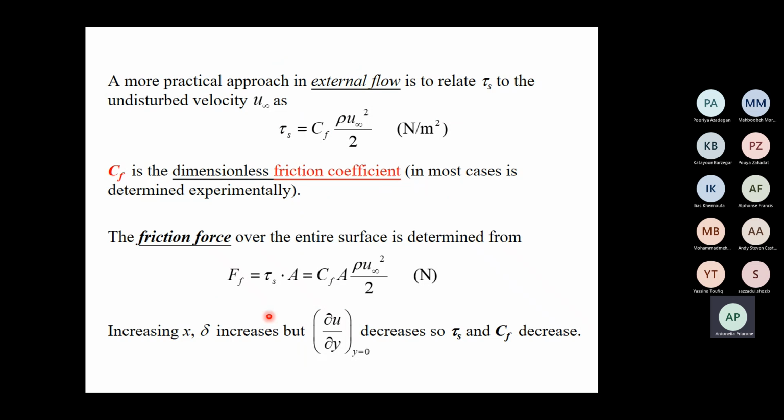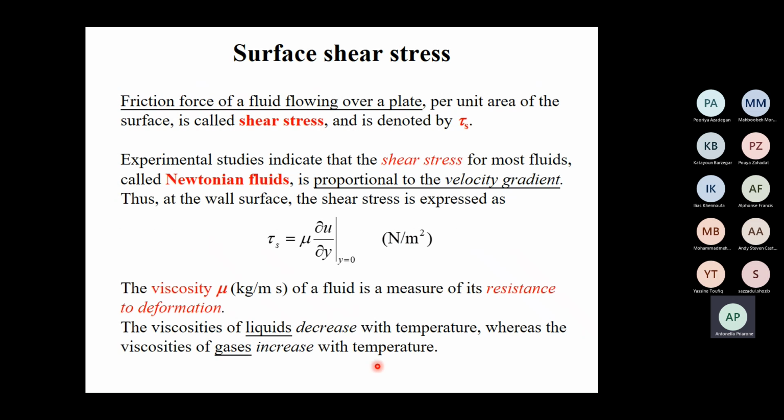If I increase delta, I decrease the gradient of the velocity in the y direction at the wall. Why? Write this sentence well: increasing delta, I decrease this gradient. Why do I decrease this gradient?